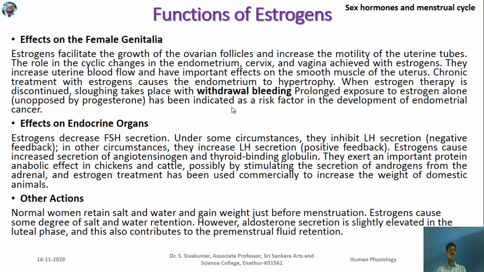They exert an important protein anabolic effect in chickens and cattle, possibly by stimulating the secretion of androgens from the adrenal, and estrogen treatment has been used commercially to increase the weight of domestic animals. Here one should understand that females nowadays attain puberty very early. Even in the 5th or 6th standard, students have started having a menstrual cycle.